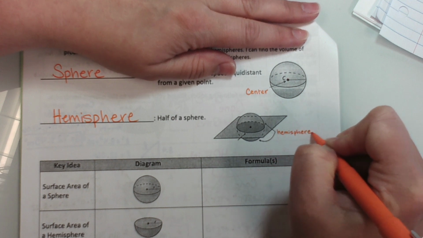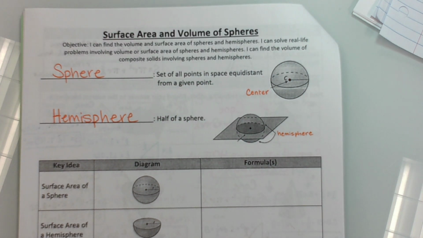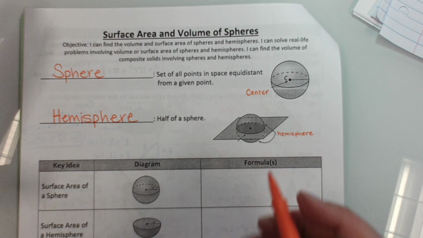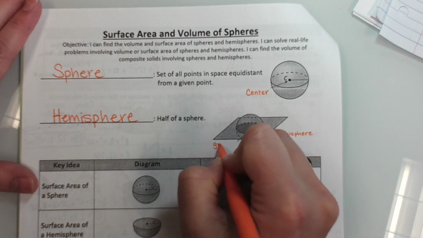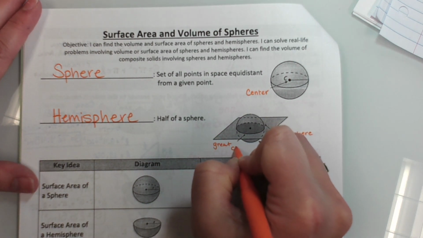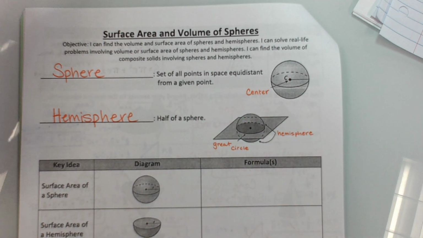But that place where you cut it across, that cross section of a hemisphere, is known as the great circle. When you do a cross section of a sphere, regardless of where that cross section is, it will always end up being a circle.